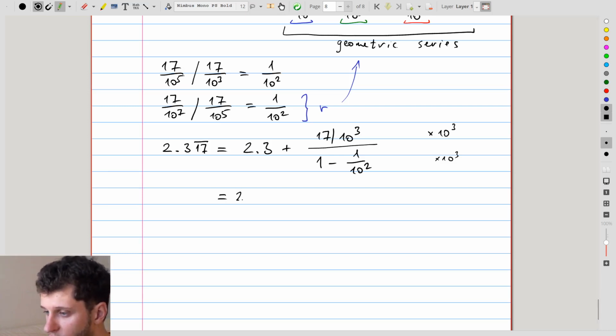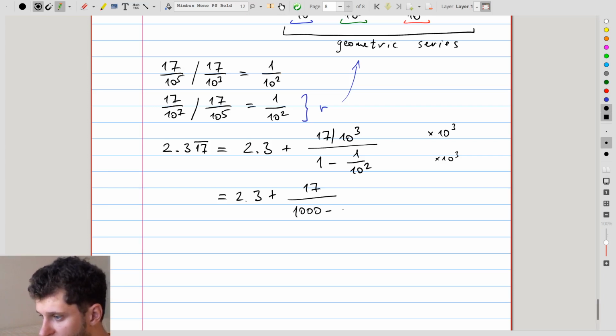So we have 2.3 plus 17 over 1000 minus 10. This is 2.3, which I'm going to write as 23 over 10 as a fraction as well, plus 17 over 990.